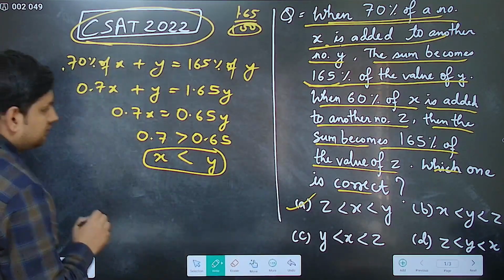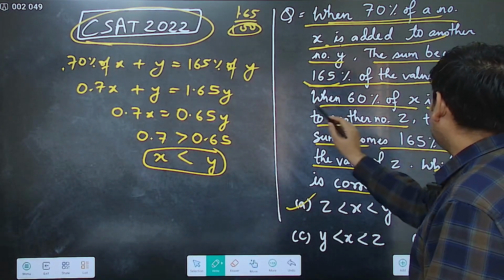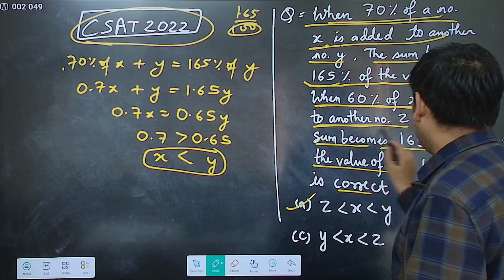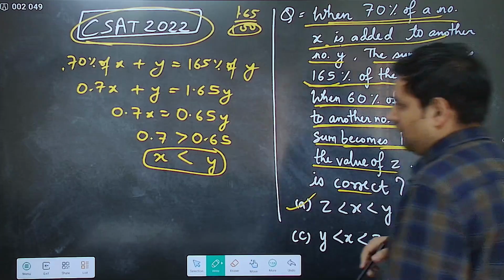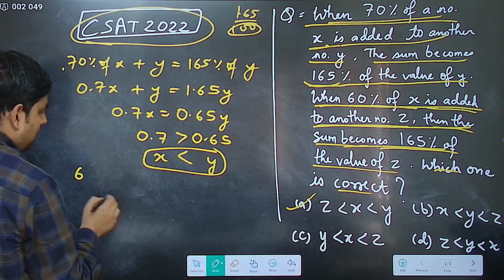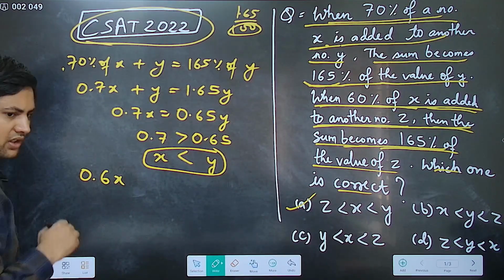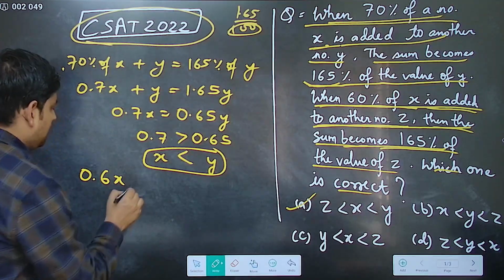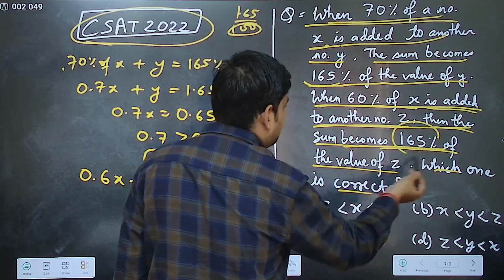Now, the same thing we will do for the z part also. What does it say? When 60% of x is added to another number z, then it becomes 165% of z. Okay, 60% of x I can directly write as 0.6x. Correct. 60% of x plus z is equal to 165% of z.